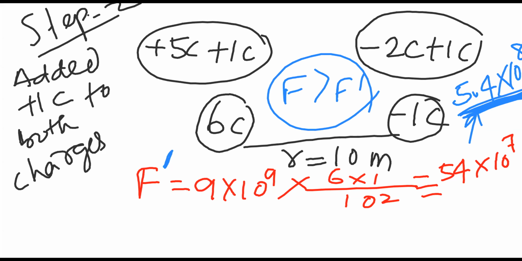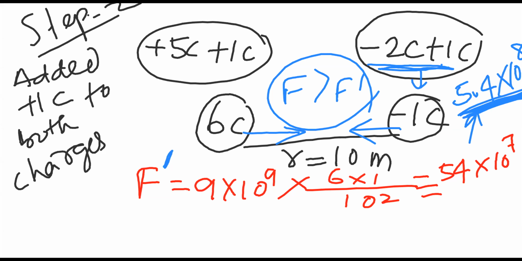When you are adding here, you have to add keeping plus and minus in your mind. So it is coming minus 1 coulomb, and is the force attractive or repulsive? Initially it was attractive. If you add plus 1 coulomb to both of them, the force is still attractive. But if you add plus 2 coulomb to each of them, actually this will become 0.